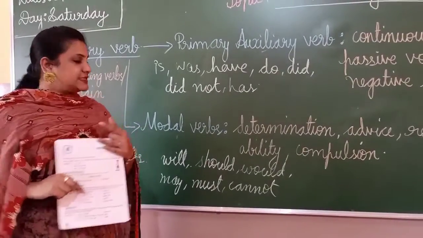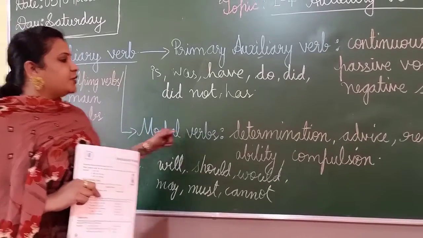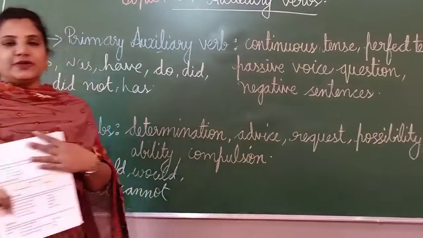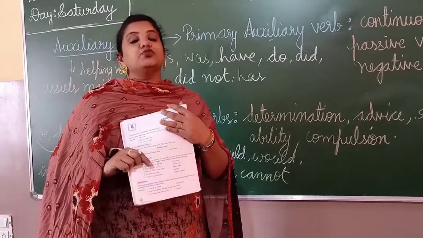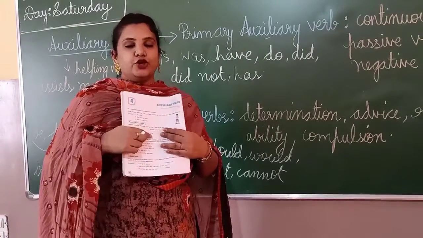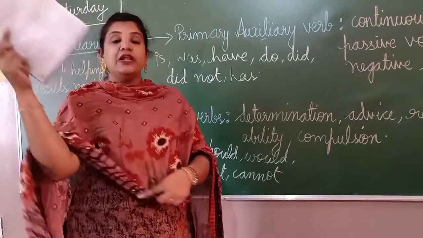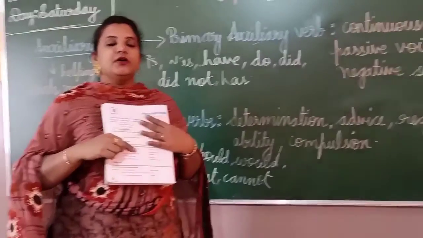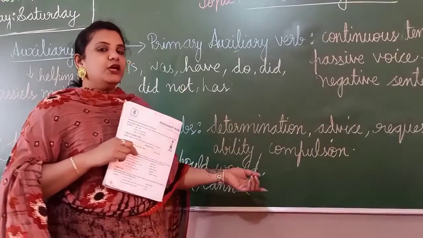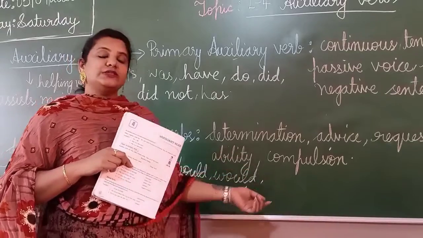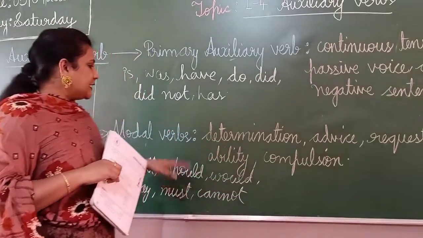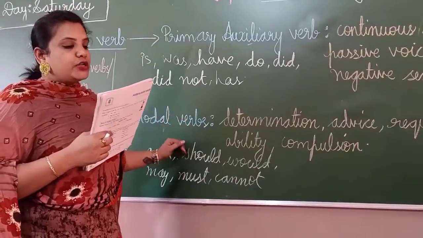When you are advising someone also, you use the modal verbs. And request, when you are requesting someone, could you please, would you please, right? When you are saying could, would and will you please, those question statements where you are requesting in a polite manner, that time also you use the modal verbs.